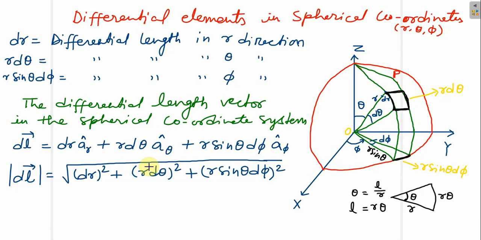For the surface, you should have the length into breadth, like the differential components for surface. You can consider it as a rectangle, and how do we write the area of a rectangle? Length into width.